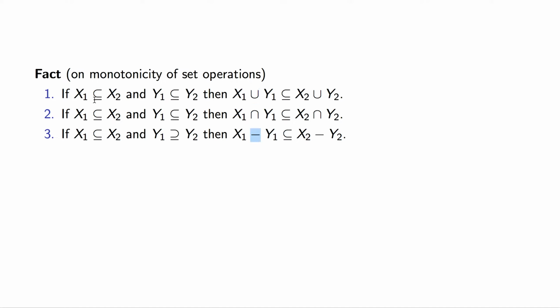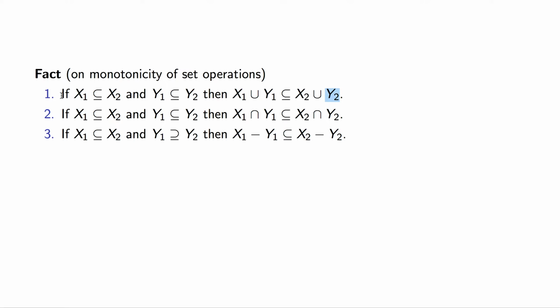So the question is, what happens with the union if I look at the union of x1 and y1, and if I make x1 bigger, if I take a superset x2 of x1, and similarly with y1 I'm replacing it with a superset y2. So when I'm saying bigger, I'm using this word in an intuitive way, just taking a superset.